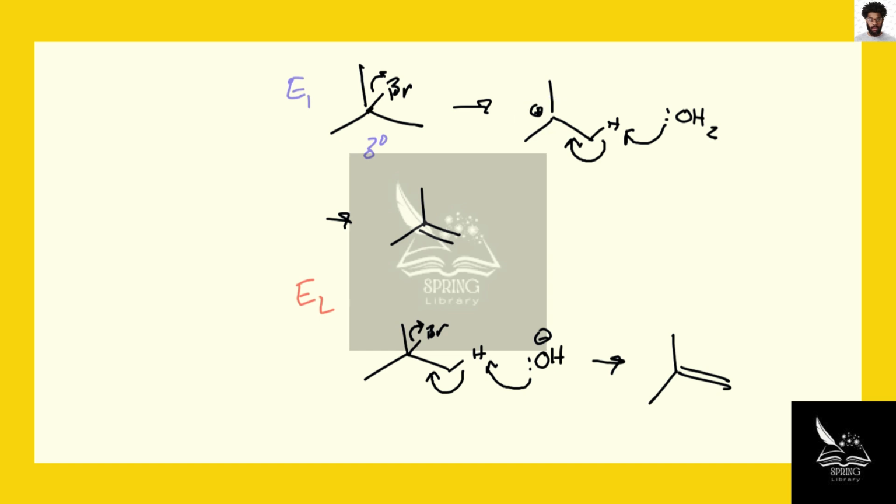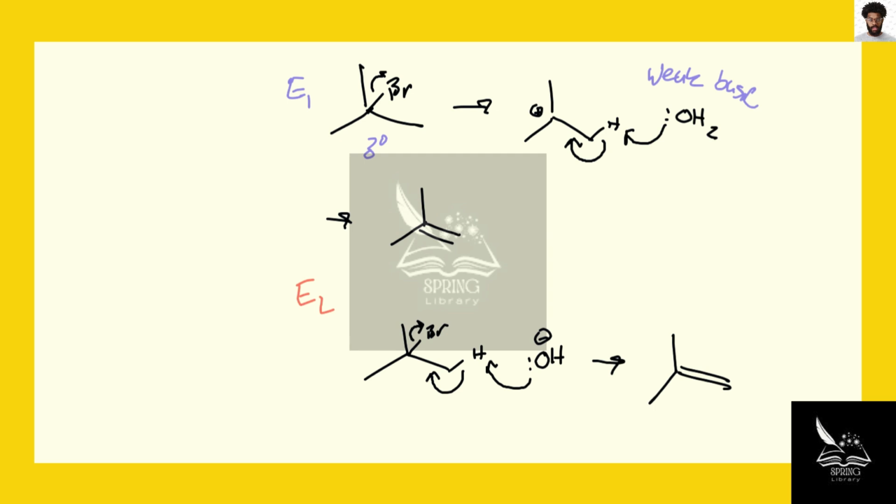And then the other property that tells us it's going to be E1 and not E2 would be the fact that our base, in this case water, is a somewhat weak base, right? That is, this base will not attempt to deprotonate a proton before our carbocation is formed. It's going to wait around until the carbocation is formed and then come through and steal a proton.